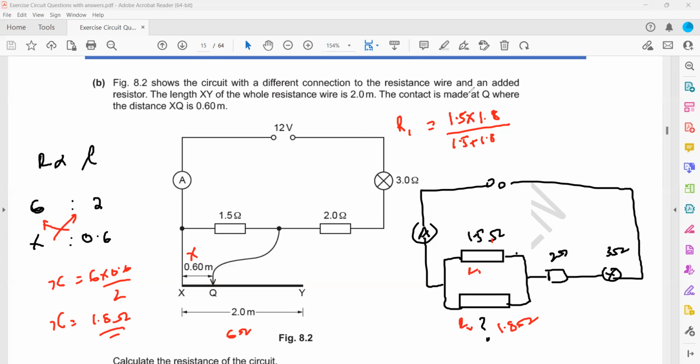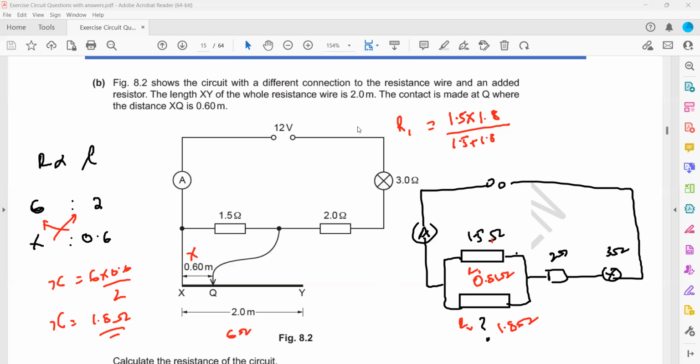What is the combined resistance of these two? 1.5 times 1.8 divided by 3.3. This equals 0.81 ohms.